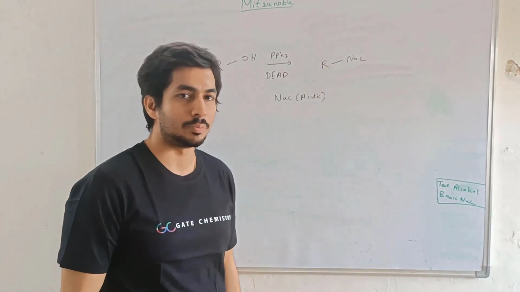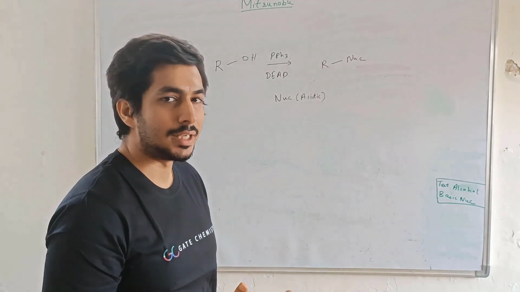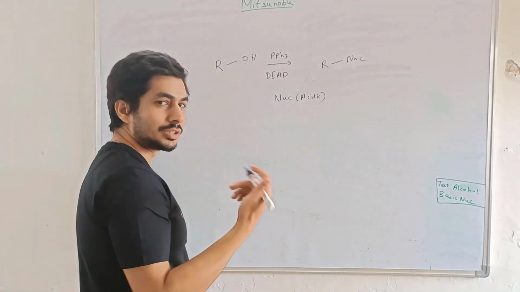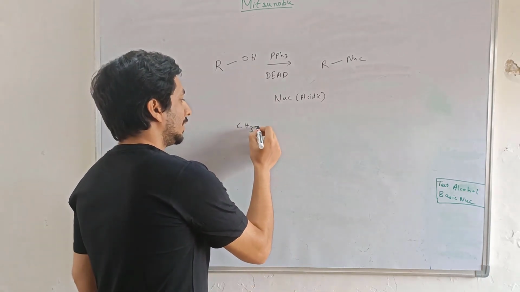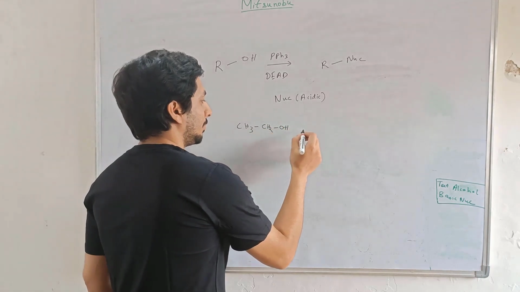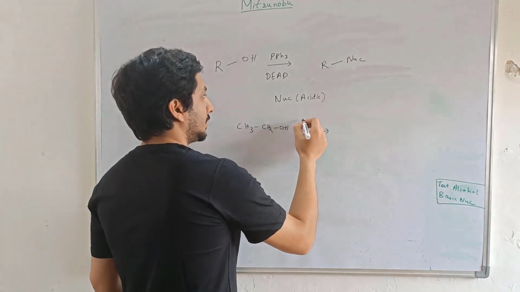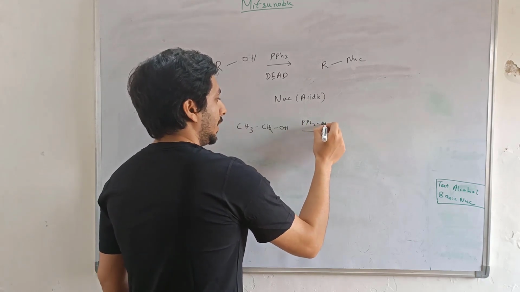This is a transformation where directly from the alcohol you get a nucleophile attached to the R group. This R group can be anything; right now I'm considering it to be an alkyl group. For example, just as an example so that you can visualize it well, let's say we have CH3CH2OH, just a hypothetical example, and to this we add triphenylphosphine along with DEAD.